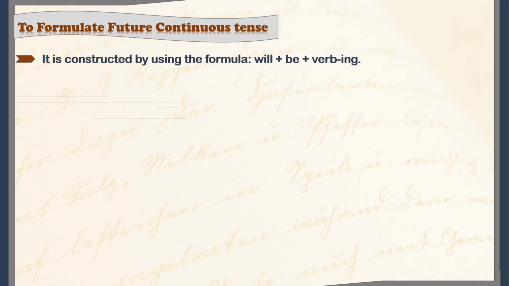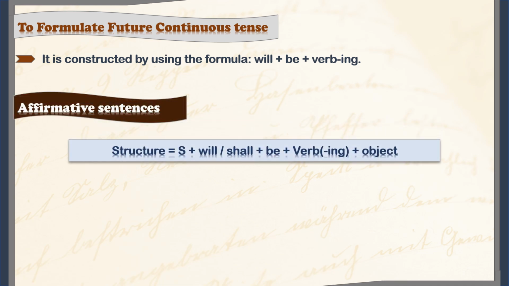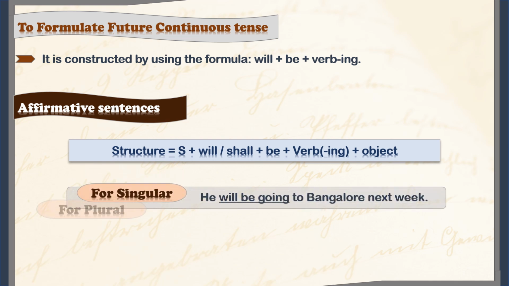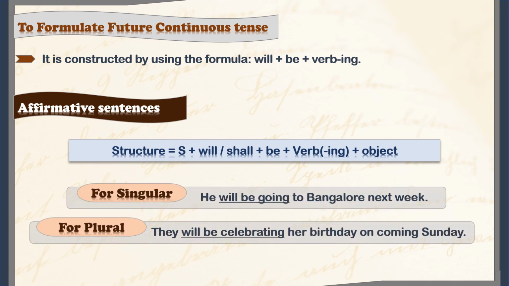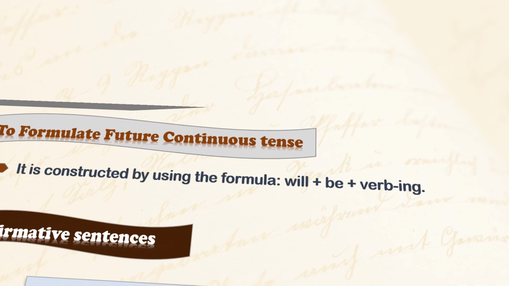For affirmative sentences, the structure is subject plus will or shall plus be plus verb with ing plus object. Example for singular, he will be going to Bangalore next week. Example for plural, they will be celebrating her birthday on coming Sunday.